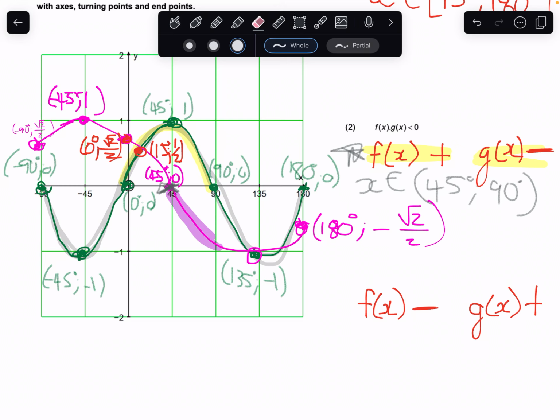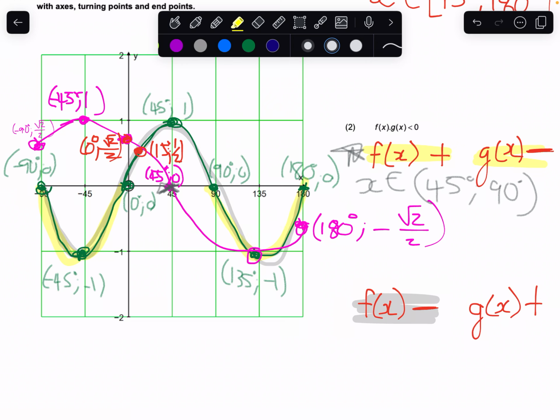Then we're going to look at the second scenario, the scenario where f is giving us negative y values and g is giving us positive y values. So let's start by erasing my highlighting. Let's look at where f has negative y values, and that is going to be over here and over here.